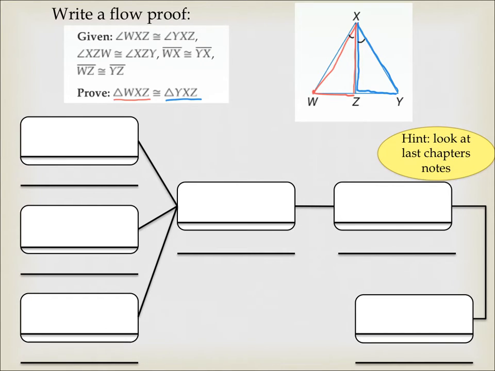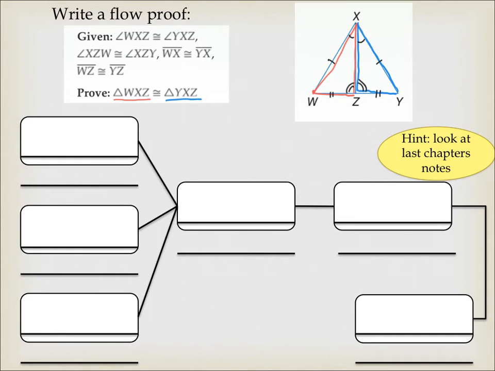So XZW, this angle right here, is congruent to XZY, this angle right here. Better and better, those are two congruent angles. Finally, we have that WX is congruent to XY, this side to that side. And that WZ is congruent to YZ, this side to this side.